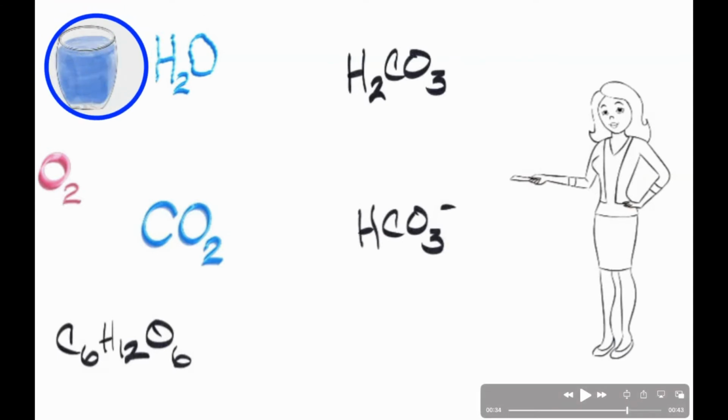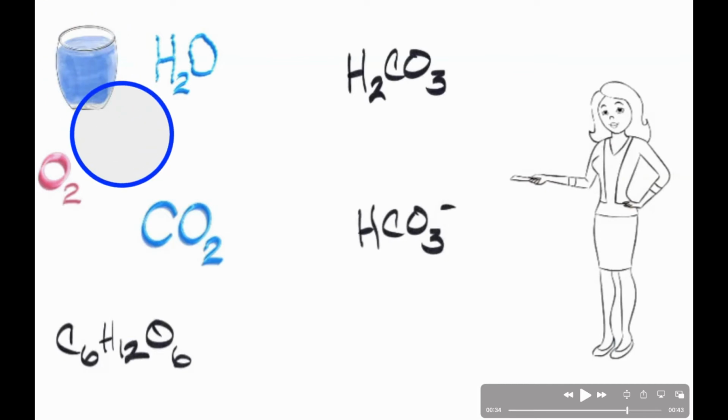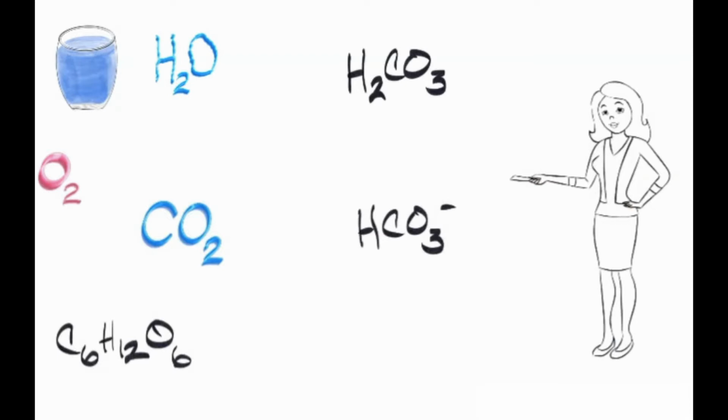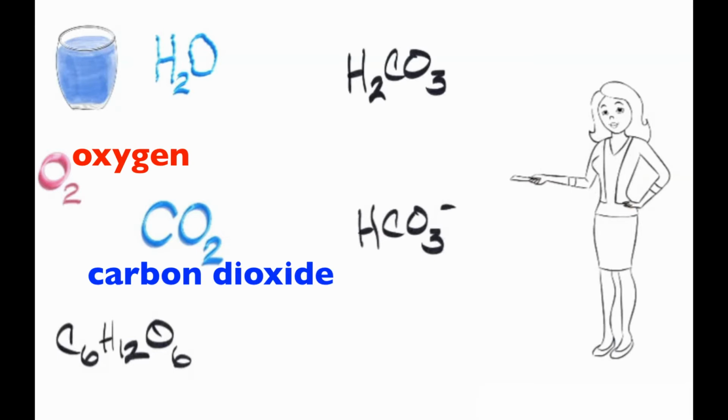Over here to the left, O2, that's a diatomic molecule, meaning it has two atoms, in this case, two oxygen atoms, and that is the molecule of oxygen. We have carbon dioxide, which is CO2. Oxygen plays a significant part in the process of cellular respiration, producing the energy storage molecule of ATP.